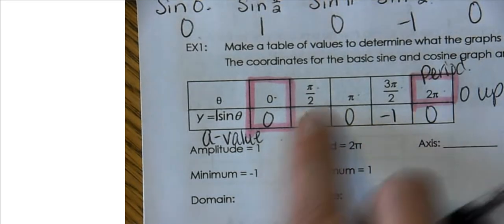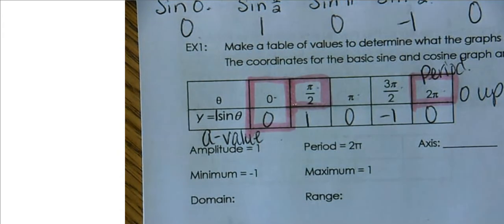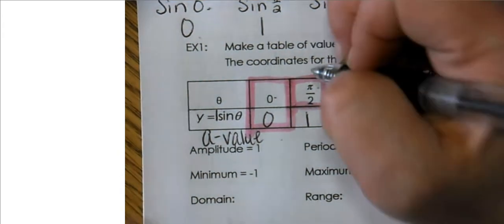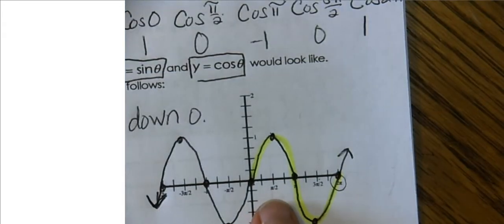And whatever your first x value is outside of 0, 0, that is going to represent your increments and what you make your scale go by on your graph. So notice that our scale went by pi over 2. As we get into more complicated graphs on the next page, you will notice that the period is going to change.